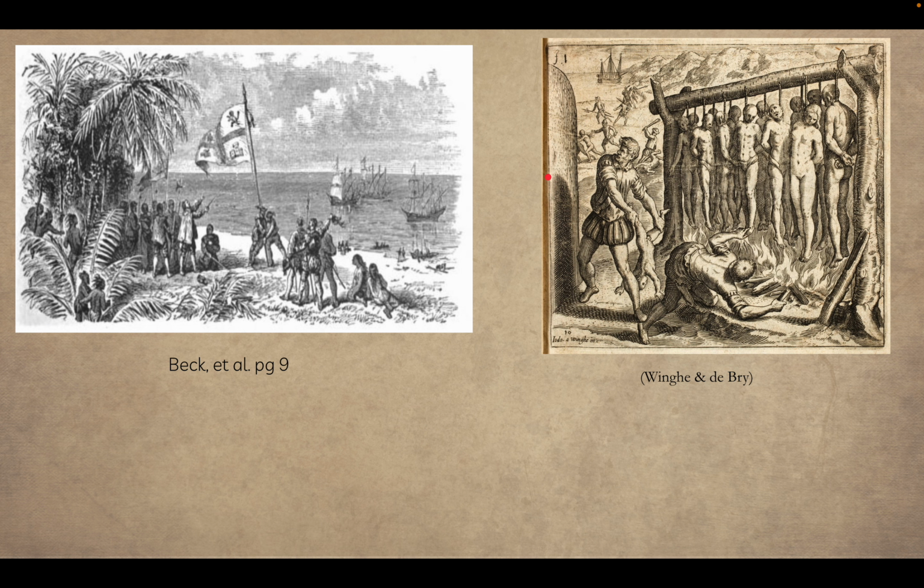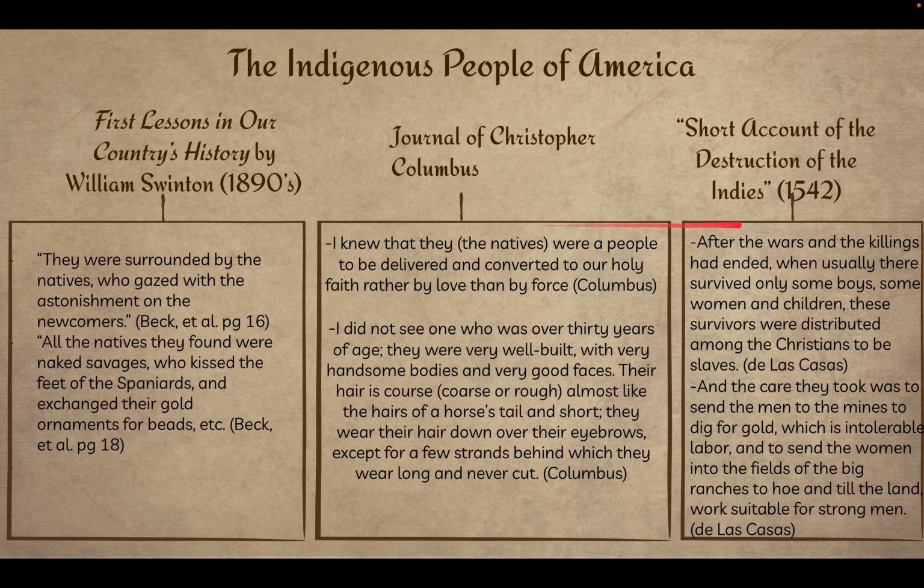And it is honestly very morbid, and I feel like there is definitely a huge contrast, especially in what is stated and what is sketched in the textbook. And I definitely feel like William Swinton's textbook is not reliable overall because of the many bullets of A Short Account of the Destruction of the Indies. So, yeah.